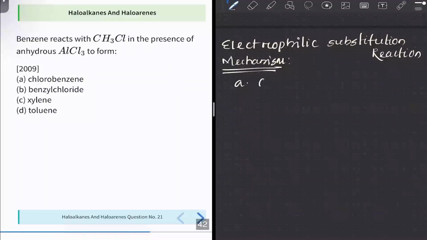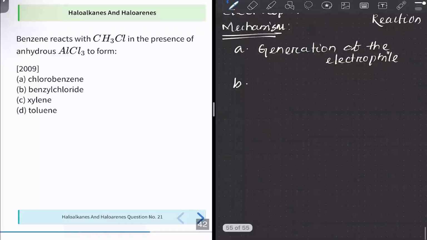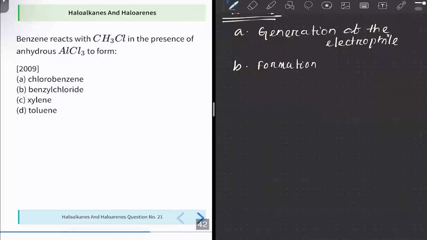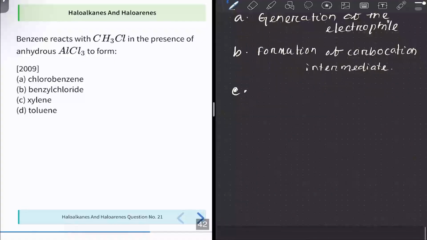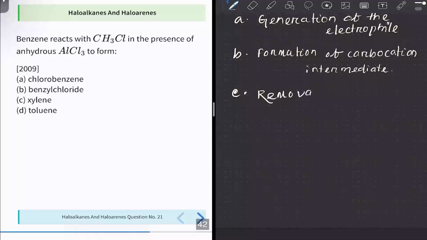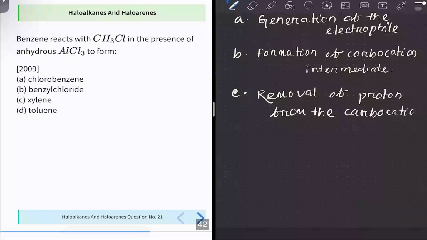The first step will be generation of the electrophile. The second step will be formation of the carbocation. The third step will be removal of a proton from the carbocation intermediate. These are the three steps.